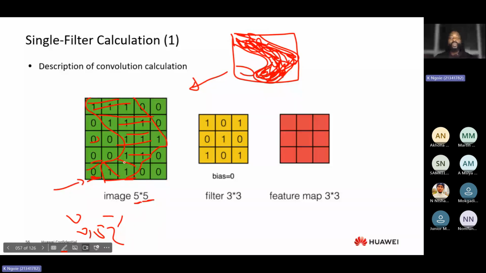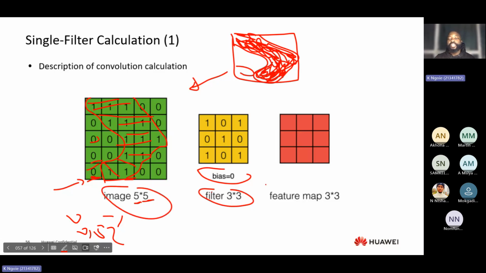And now we're going to do what? We're going to introduce a bias, which is 0 here. So now this is what we call a filter. This filter will be applied to these images for it to give us a feature map. So how does it work?